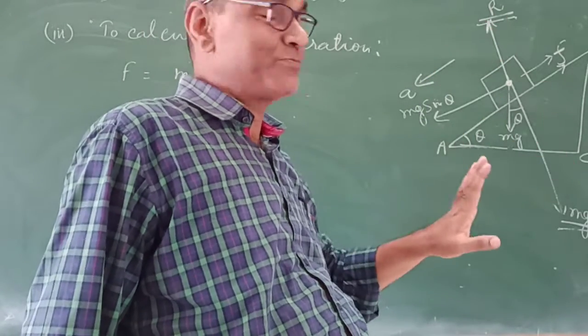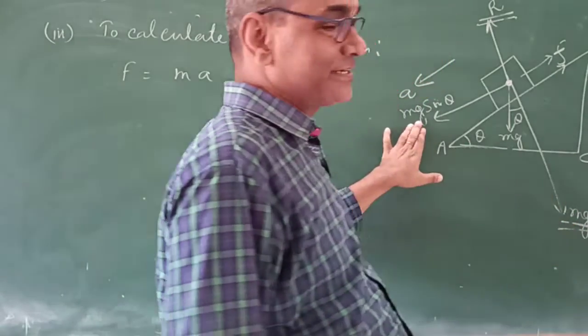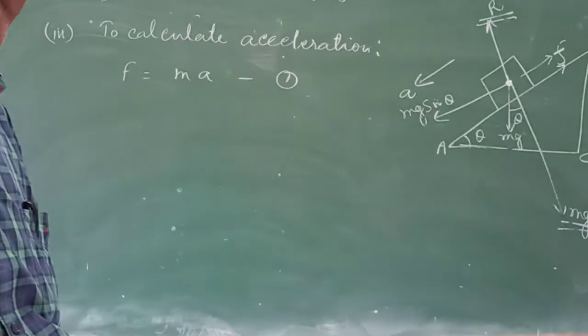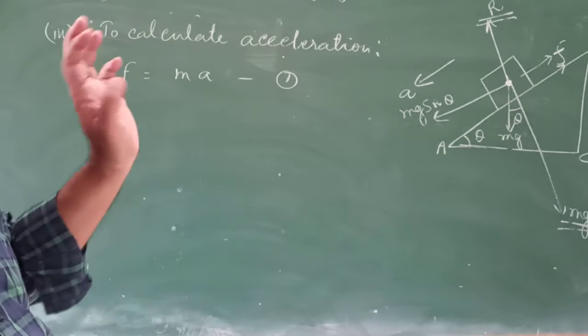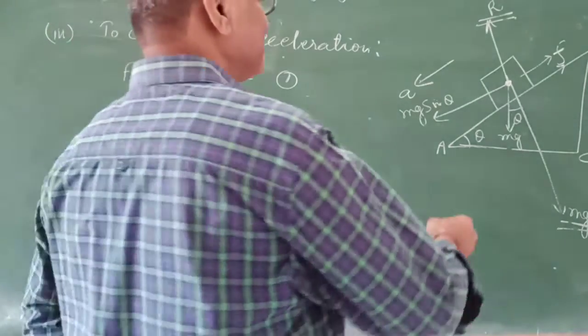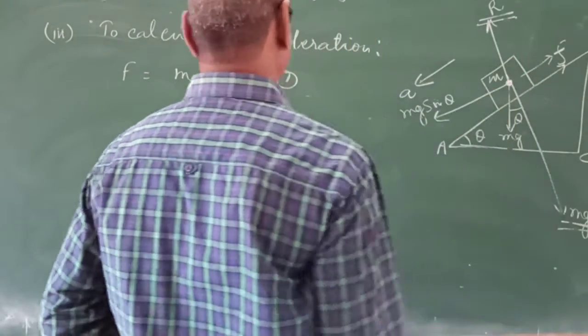Resolve mg into two components: one is mg cos theta, another one is mg sin theta. Is it clear? Now, from Newton's second law of motion, m is the mass of the block.